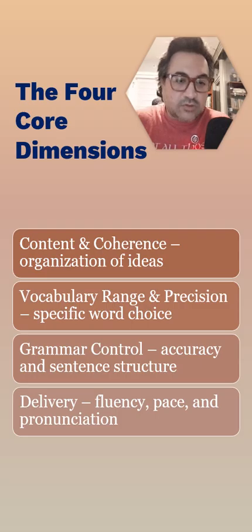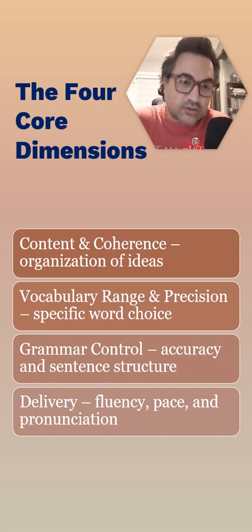Then grammar control is two things. So accuracy and sentence structure. In IELTS, this is referred to as range and accuracy. And accuracy means just don't make mistakes. And sentence structure means use a wide range of structures to get a higher score.